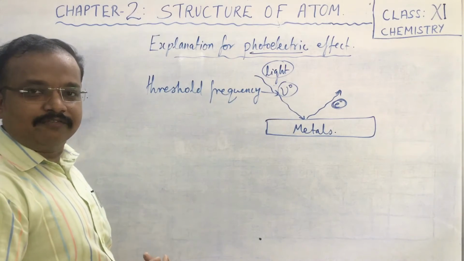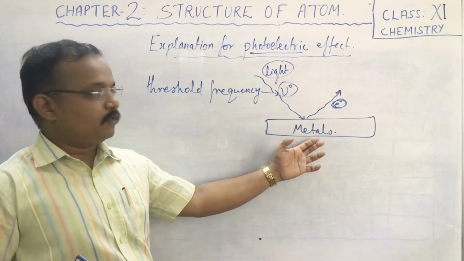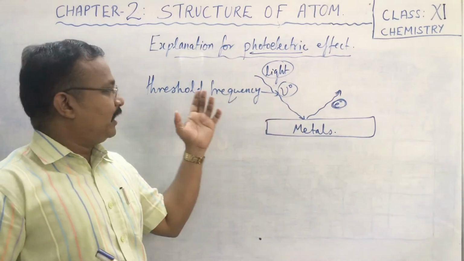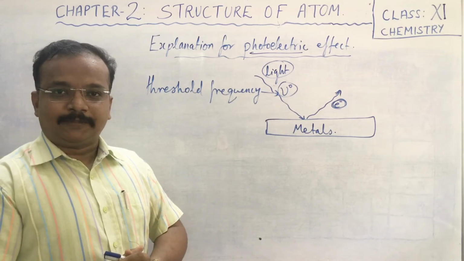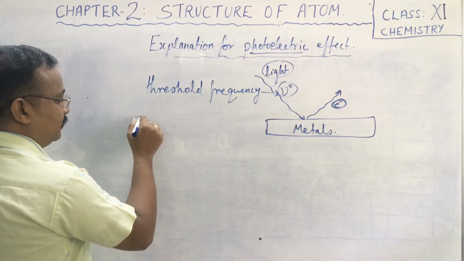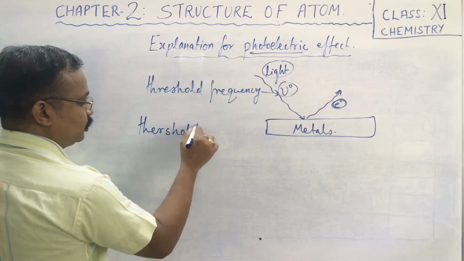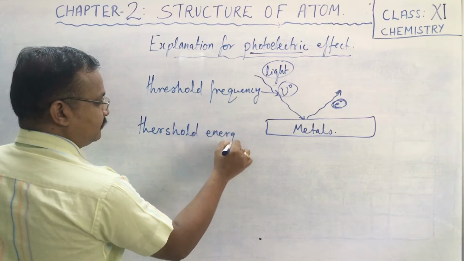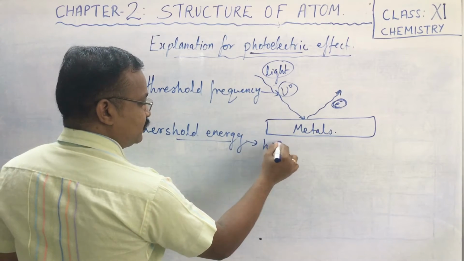What is the photoelectric effect? The ejection of electrons from the surface of certain metals when light of a particular threshold frequency falls on it. When we consider the amount of energy for this threshold frequency, we call it the threshold energy, which we write as h nu zero.